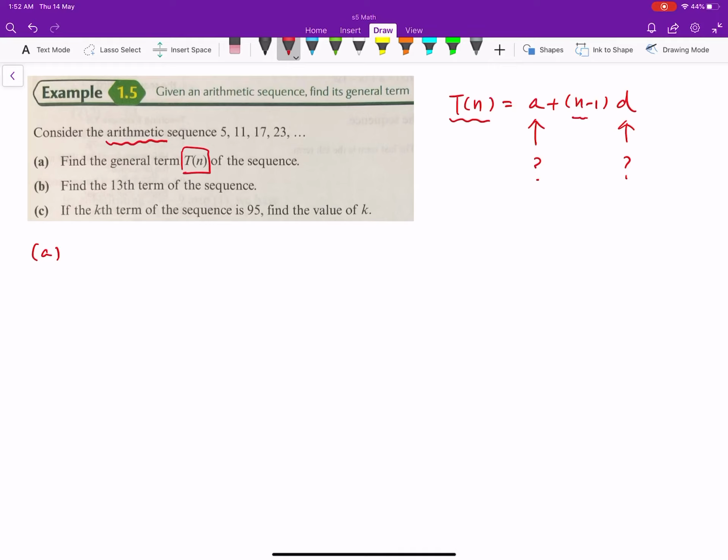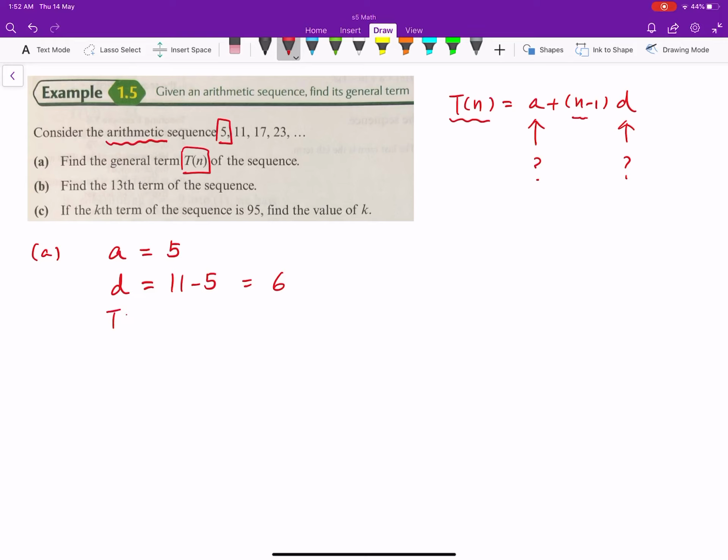You can find it from the sequence. A is the first term, which is 5. And D, you just use any term minus the previous one. You can use 11 minus 5, or you can use 17 minus 11. You will get the same answer. So 5 and 6 will be the first term and the common difference.